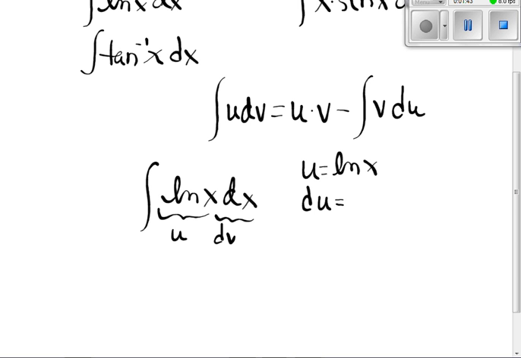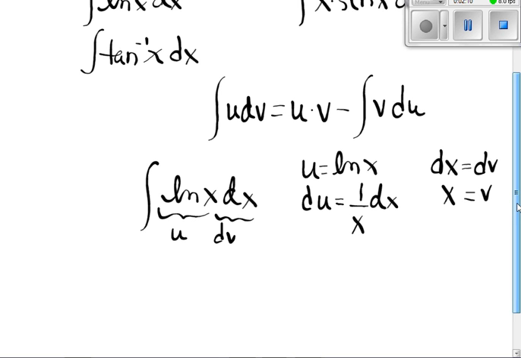I'm just reviewing integration by parts. So du is what? 1 over x dx. And if dx is equal to dv, then what's v equal to? If I try to do it the other way around, I'm in trouble because I don't know how to integrate log of x.